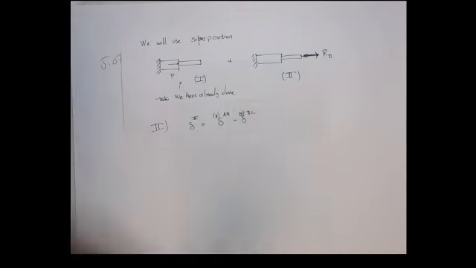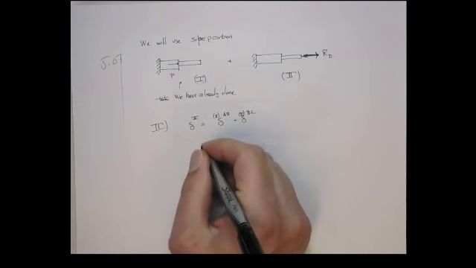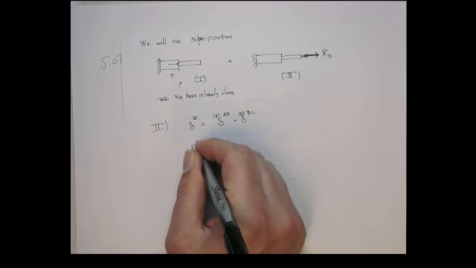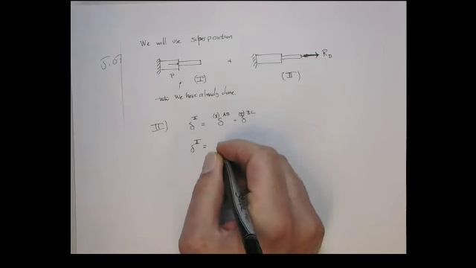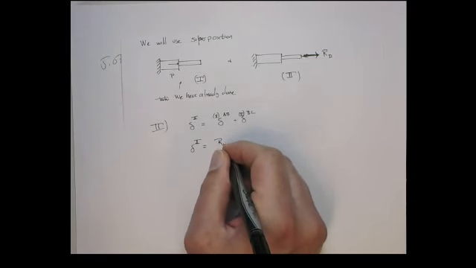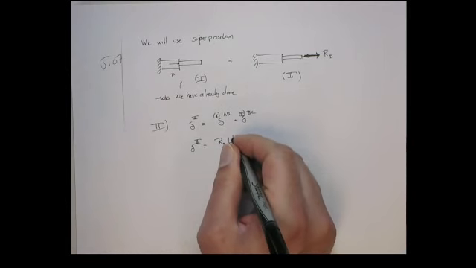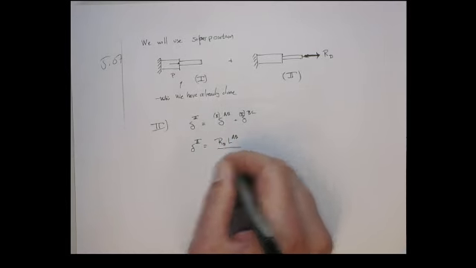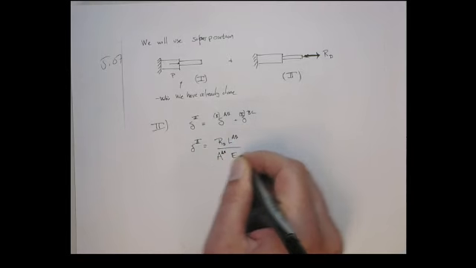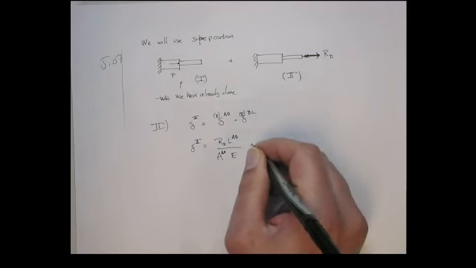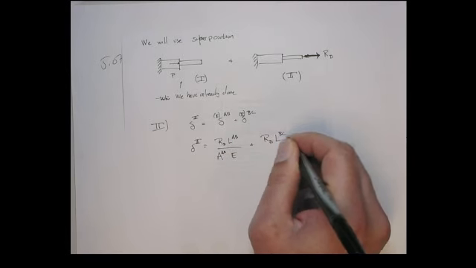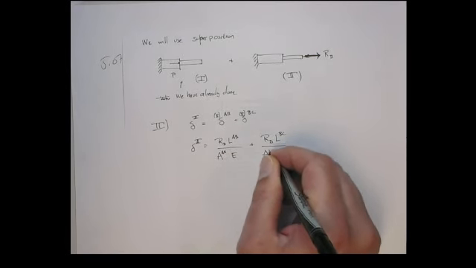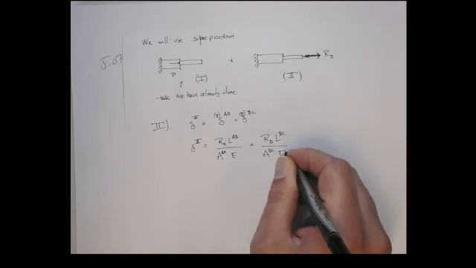And so in this case, the elongation is going to be RD times the length of AB over the cross-sectional area of AB times Young's modulus plus RD length of BC, cross-sectional area of BC, Young's modulus, right?